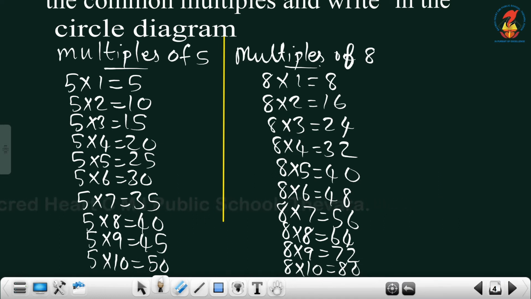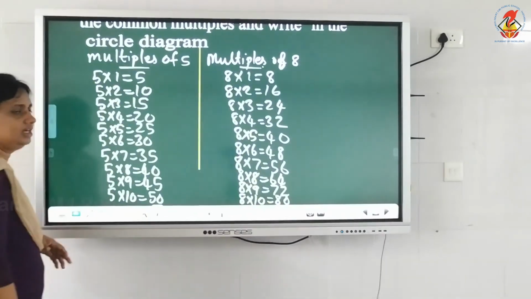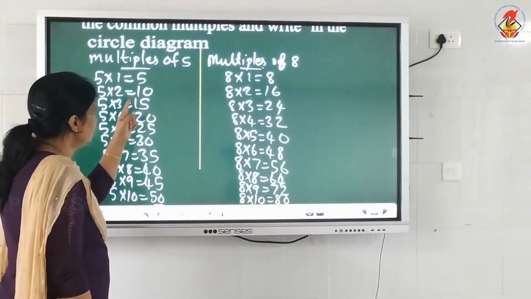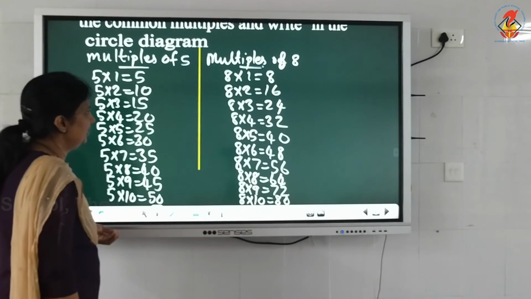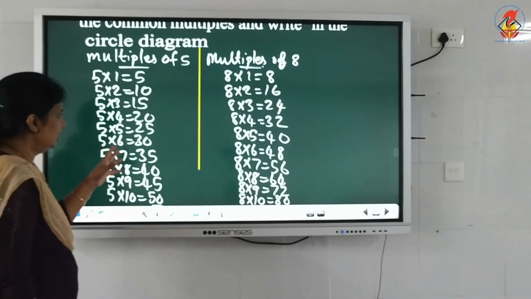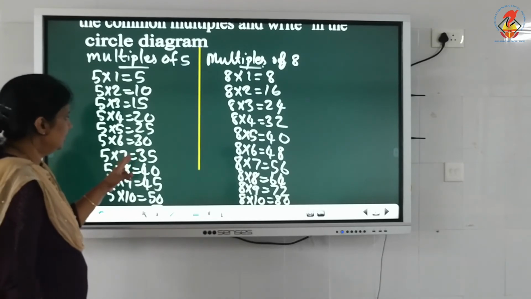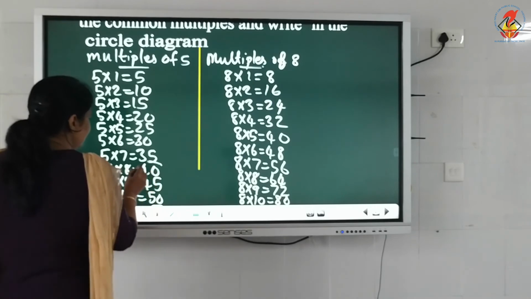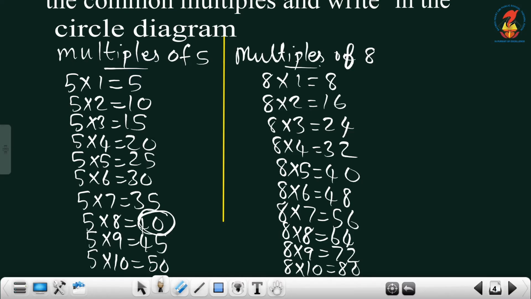Did you see any common multiple here? 20, 25 not there, 30 not there, then 35 is not there, and 40. That is the common multiple, right? 40, and here also 40.